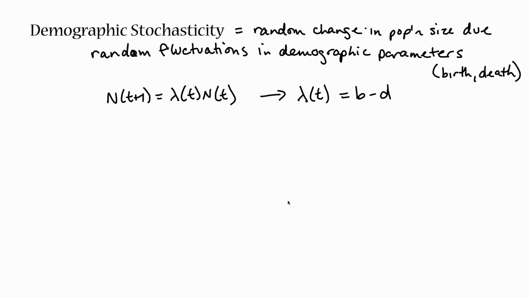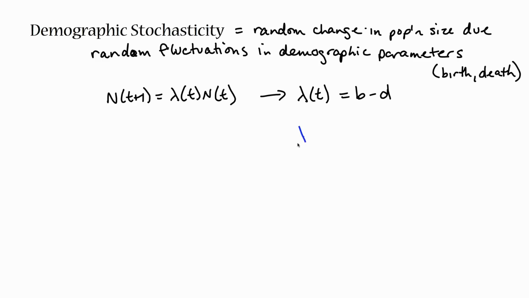So if I want to include demographic stochasticity in my model, I can make my birth rate stochastic, I can make my death rate stochastic, or I can make both of them stochastic. So if you're actually simulating a stochastic model like this, what you would do every time step is draw your birth rate and/or your death rate from some probability distribution, and then plug those in and crank the population forward in time.